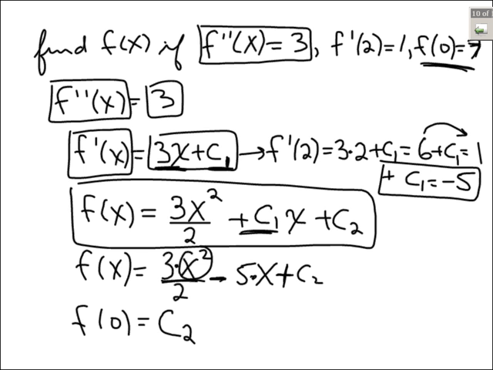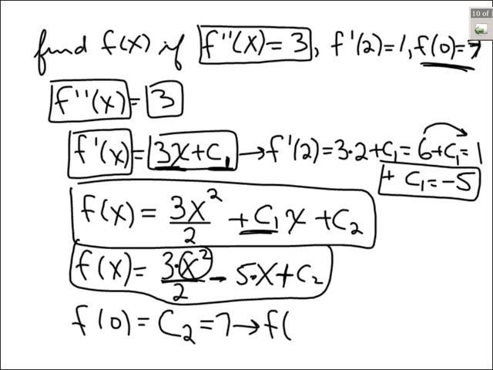So on one hand, using this formula right here, f of 0 is C2. On the other hand, we're told it's 7. So I'm going to copy down the line above, except instead of C2, I'm going to put 7. The f of x is 3x squared over 2 minus 5x, and instead of C2, I'm going to put good old 7.